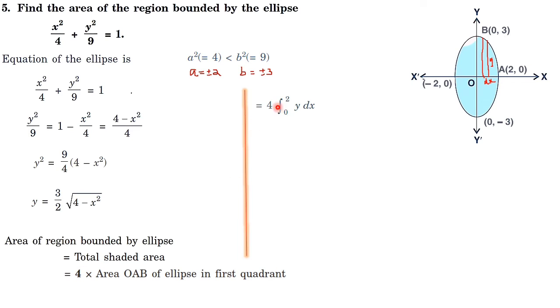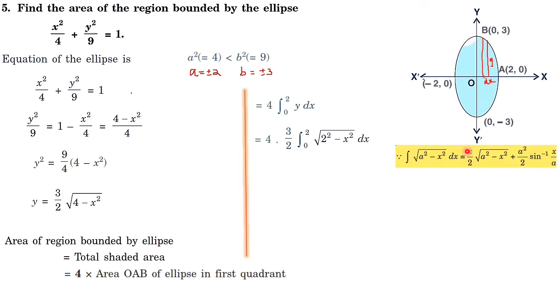So area of OAB is 4 into integral x limit 0 to 2, because here x value is 0, here x value is 2. So 0 to 2 y dx. Then y value we have calculated, 3 by 2 into root of 4 minus x square. So 4 into 3 by 2 into integral 0 to 2 root of, this one we can write in a square minus x square format, that is 2 square minus x square.